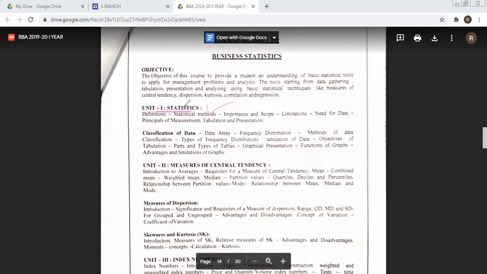So from this chapter, what is statistics? Explain its importance and scope.